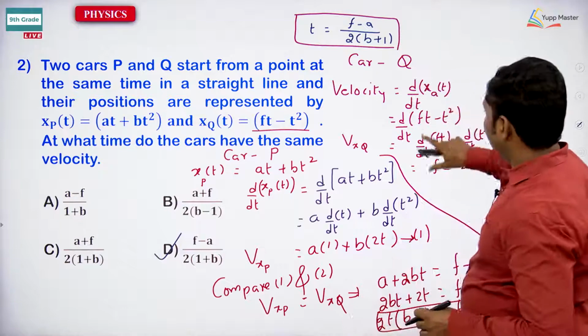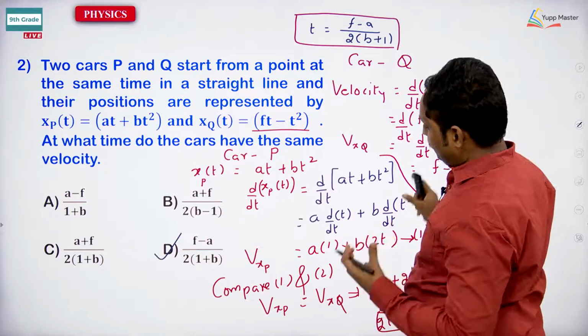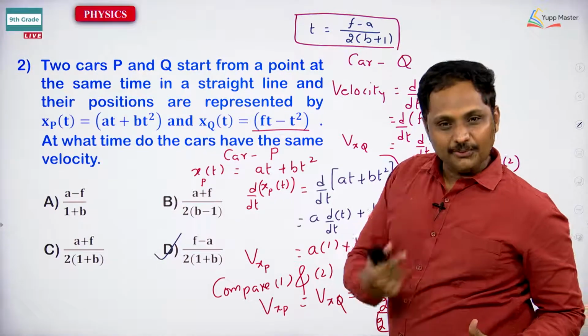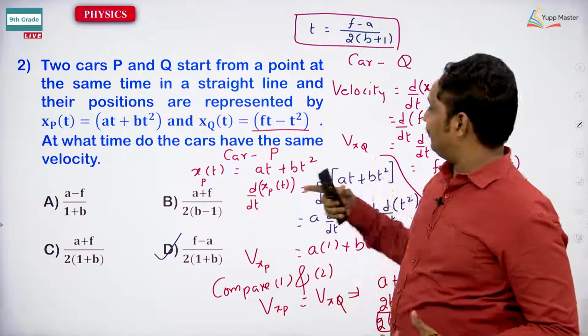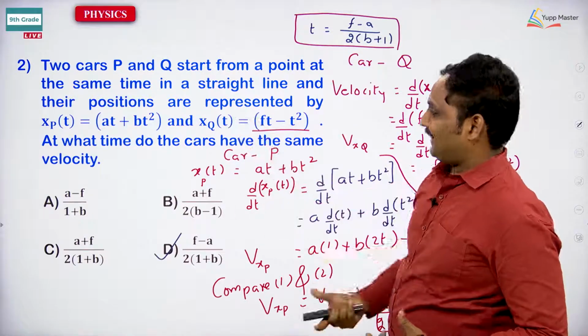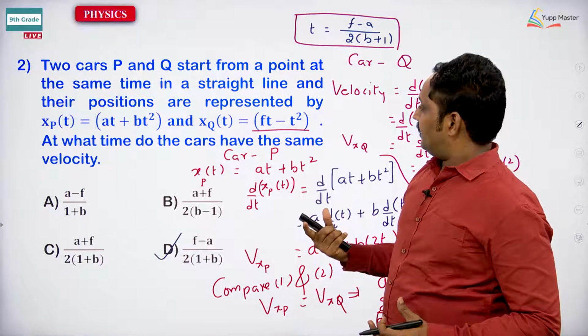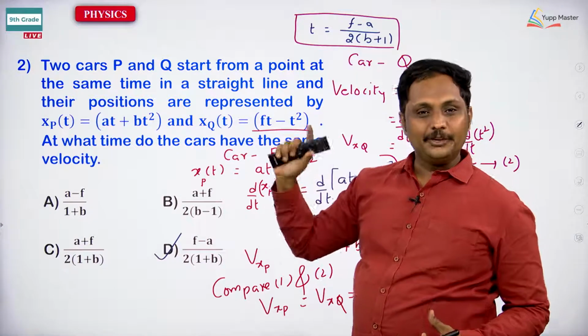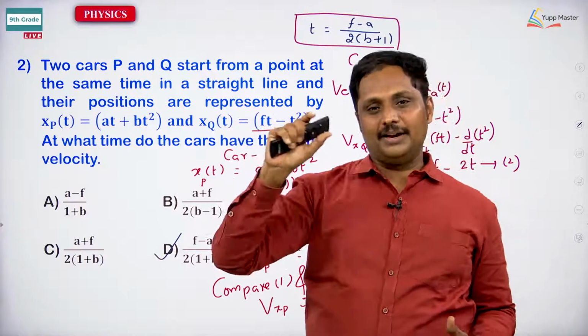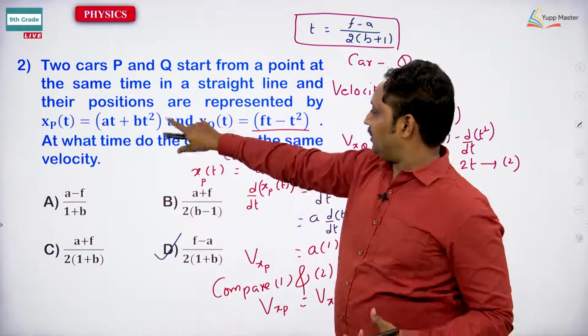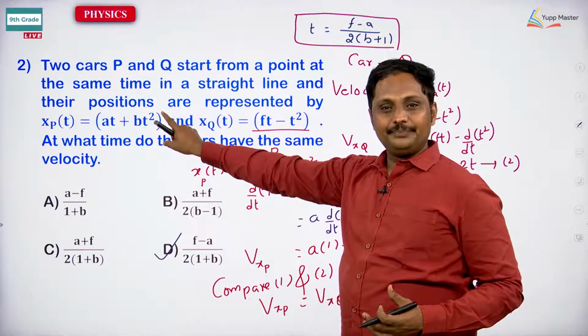In this way we take a number of steps to solve the problem. If they have given it in terms of that expression, it is very clear that the position of a car has been expressed in terms of a t plus b t square.